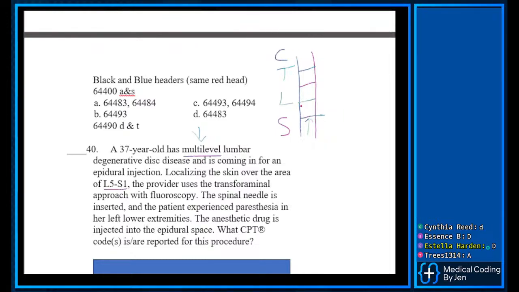So if we're doing L5 and S1, that's just one rung on our ladder. If we were doing L4 to S1, that's 2 levels. But the way they have it now with the L5 to the S1, it's only 1 level. Even though they're trying to give you some propaganda here, we only did 1.